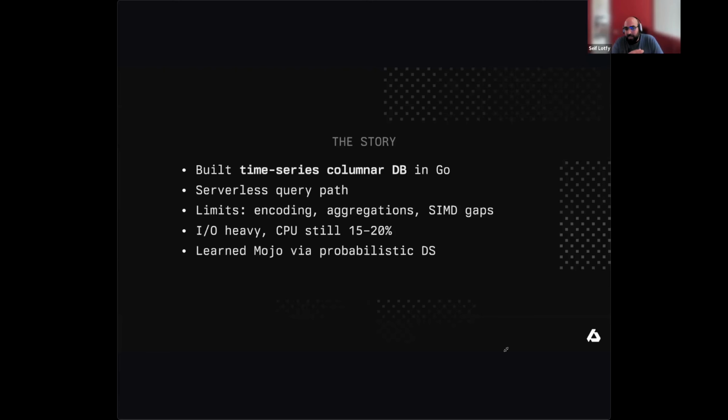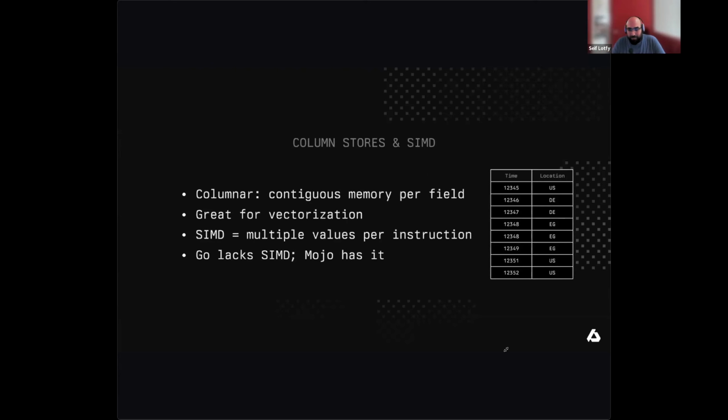So I started looking into different languages. I looked into Rust, etc., and Mojo felt like the best of all worlds for me. The first way to learn about Mojo was to write data structures I'm very familiar with in Mojo and see how I feel about it.